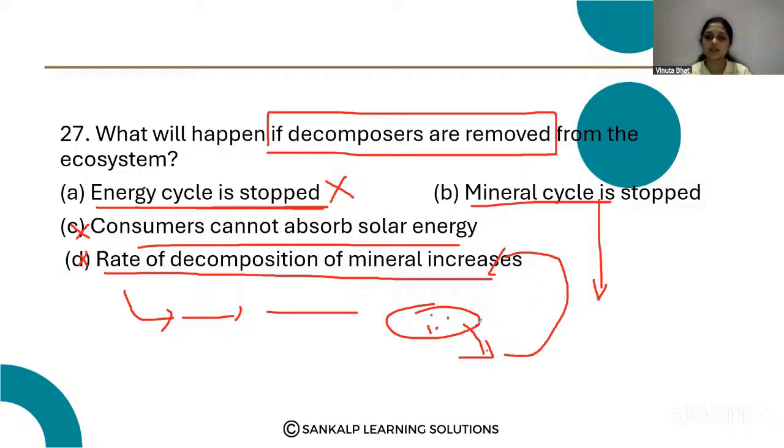So this is called the mineral cycle. Organic matter does not become simple inorganic matter, so it will not enter the soil. So the mineral cycle is stopped here. So option B is the correct one.